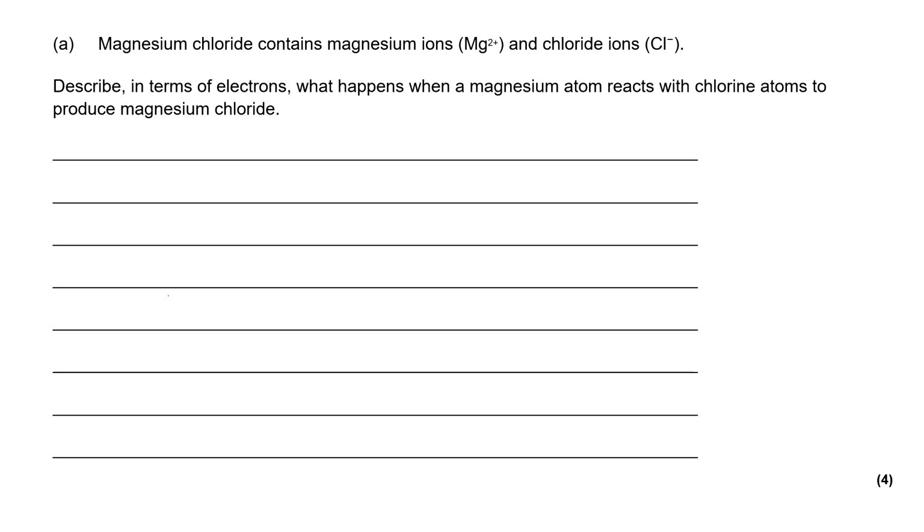In order to answer this question, you would firstly need to be able to explain how atoms become ions, in that the metal atoms will lose their outer shell electrons, and the non-metal atoms will gain those extra electrons to become negatively charged ions. And then once you've stated how you've arrived at the charges on the ions, you would then need to explain how that dictates the formula of the compound.